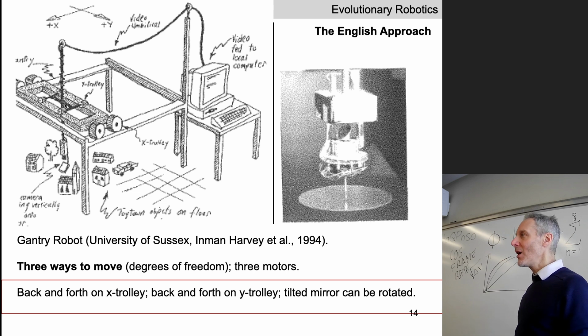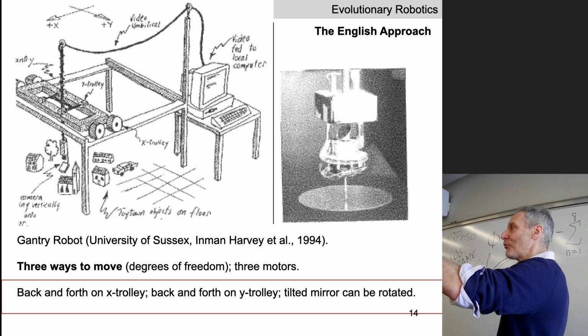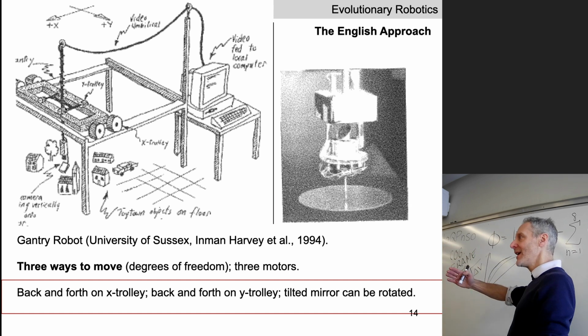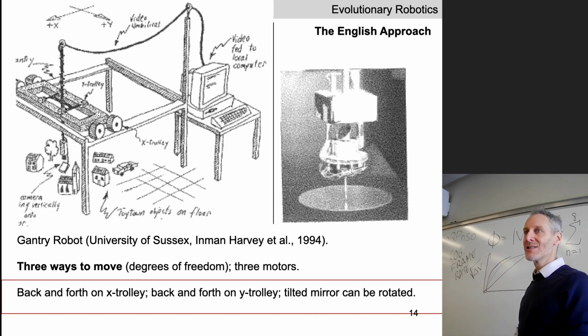And then there is a smaller Y trolley sitting on top that drives vertically up and down the length of the X trolley as the X trolley is moving side to side along the table. You with me so far? So we're going to see a lot of crazy robots in this class. This one is one of the crazier ones.